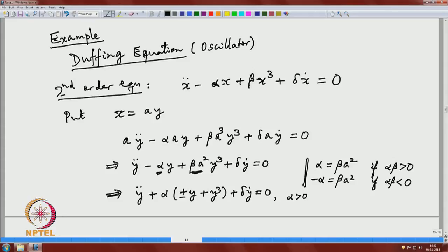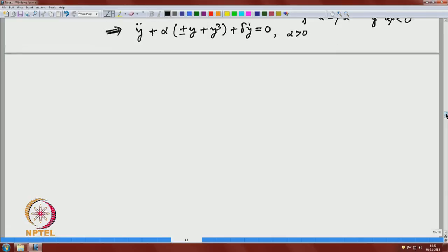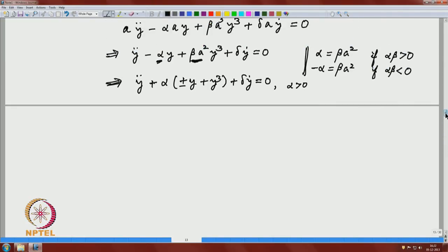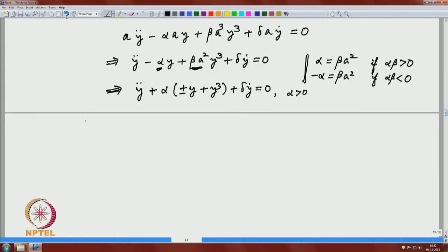So, that is one simplification, and similarly now I can change t. So, put s is equal to b t, and now what you get is dy by dt is dy by ds into ds by dt, and that is just b dy by ds.